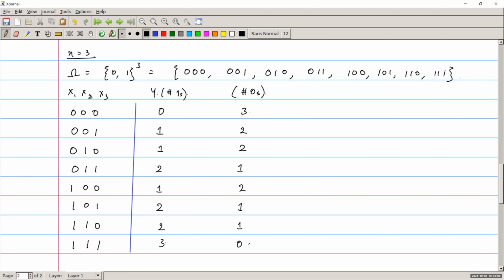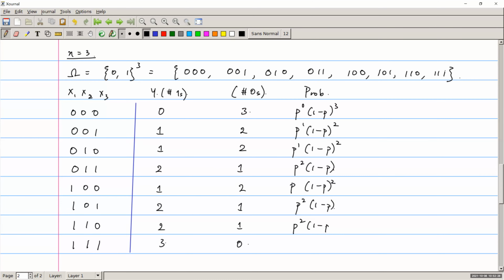This will be the number of zeros. The probabilities are p to the 0 times 1 minus p to the 3, p times 1 minus p squared, p times 1 minus p squared, p squared times 1 minus p, p times 1 minus p squared, p squared times 1 minus p, p squared times 1 minus p, and p cubed.